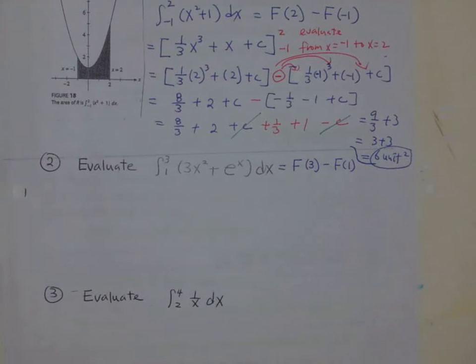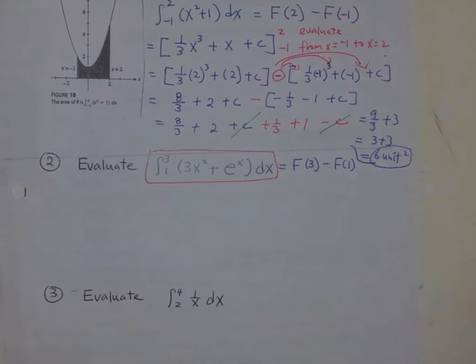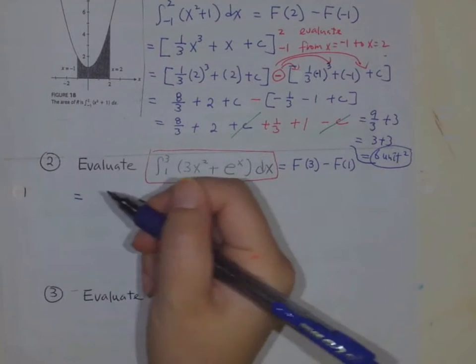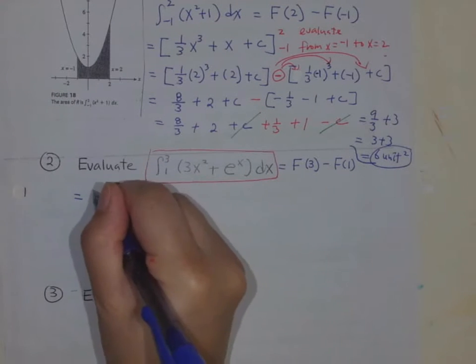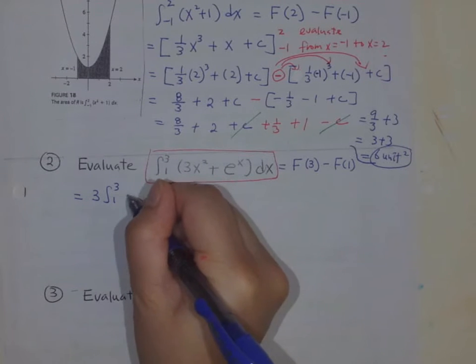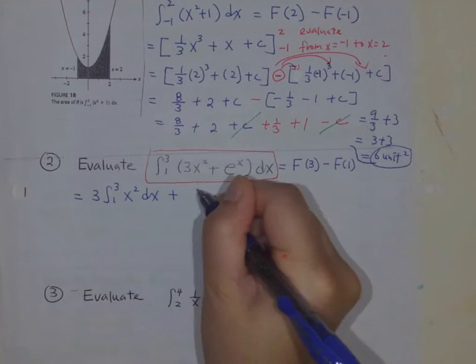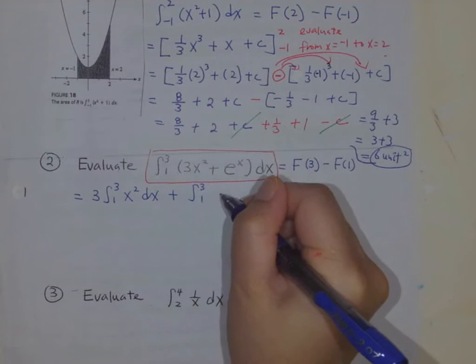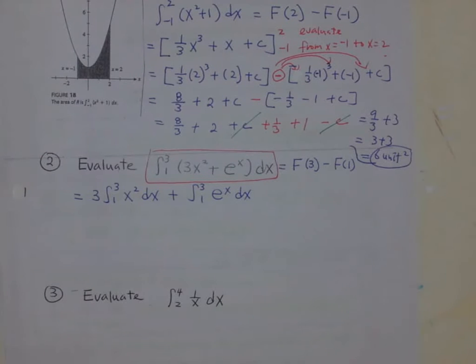Okay, so first we need to take the integral of that. We can pull out the 3 and then integral from 1 to 3 x squared dx, right? And then adding integral 1 to 3 e to the x dx.